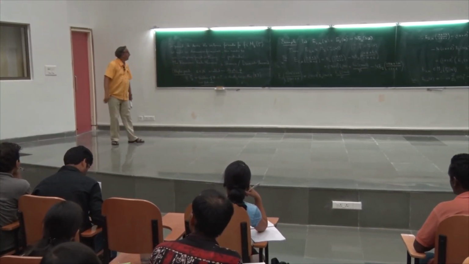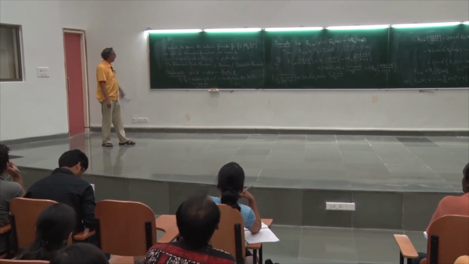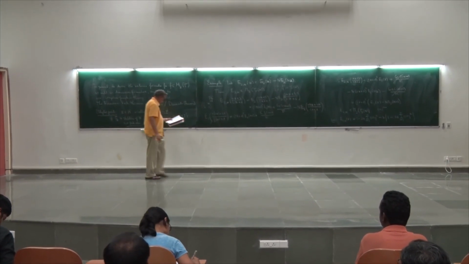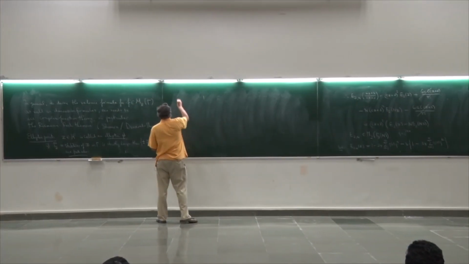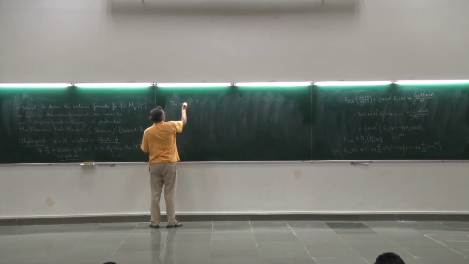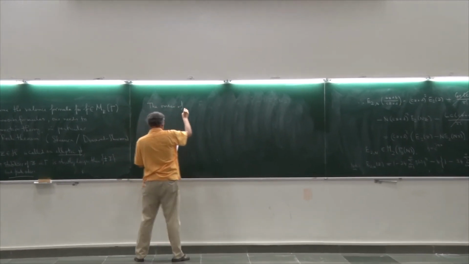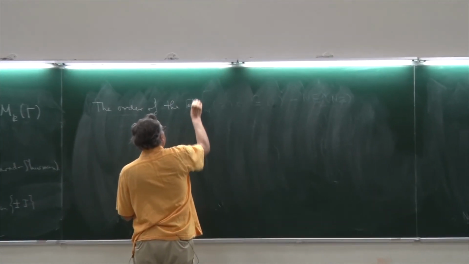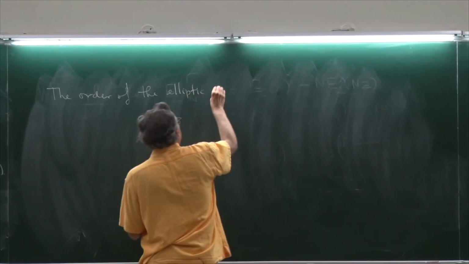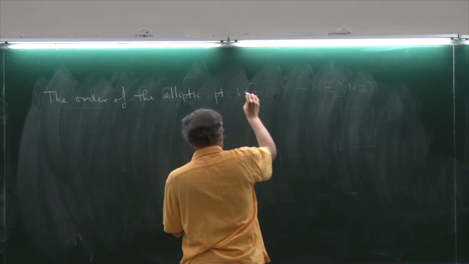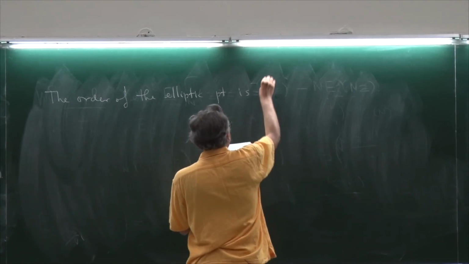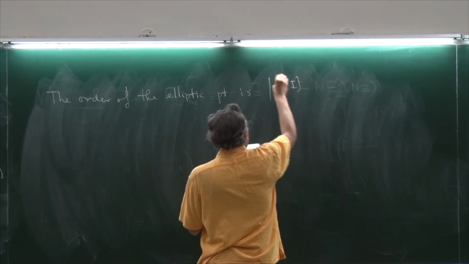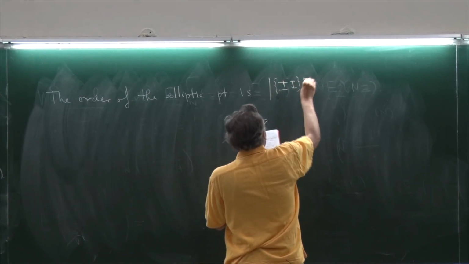But you're right. Okay, so these are elliptic points, and we have to take them into consideration before writing down the valence formula. So the order of the elliptic point is the size of, see this, we have to keep on putting this down.